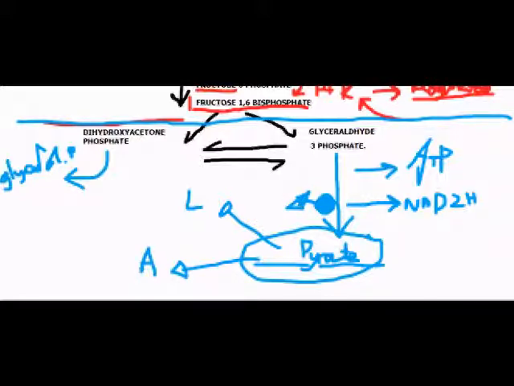Pyruvate kinase will remove a phosphate group from the phosphorylated pyruvate. So this kinase actually works in the opposite way around to your normal ones, and that will then produce pyruvate. That's a high energy step, so that also has to be regulated as well.